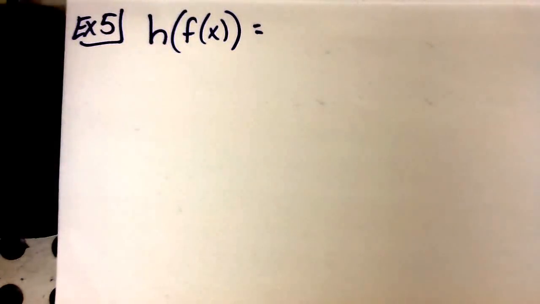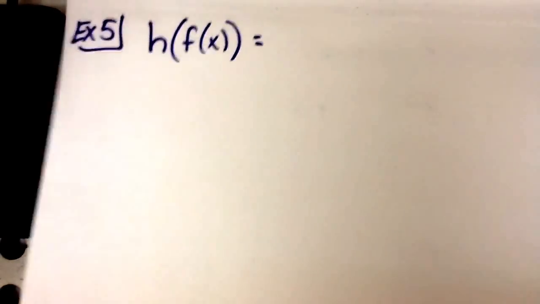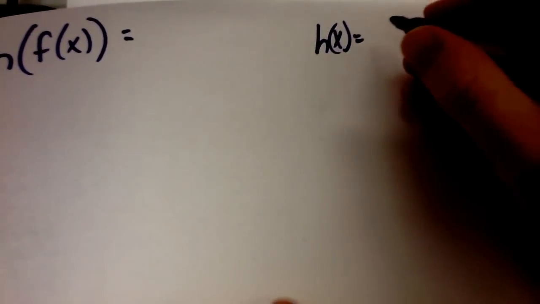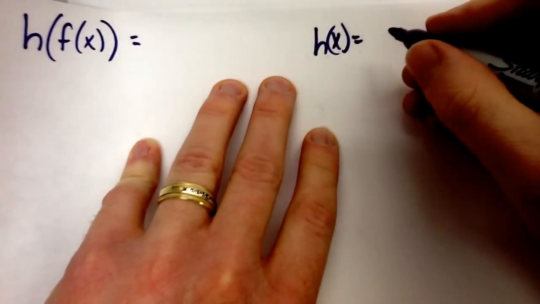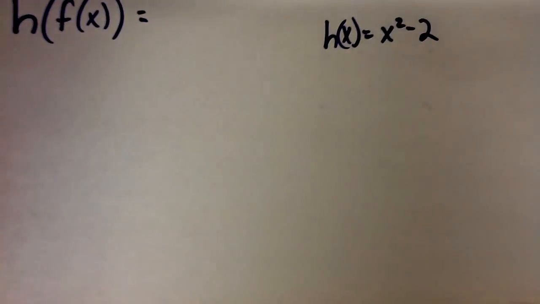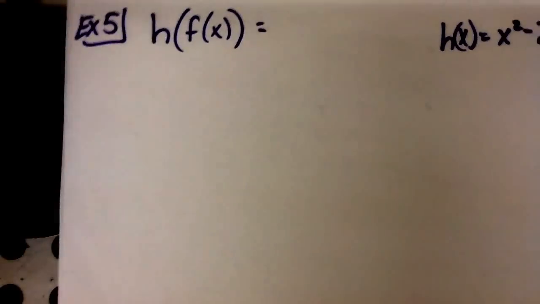And I'm going to introduce a new function h. Let me go ahead and define that one for you. H of x, you can add this to that list at the top of your page, the first two you did. H of x is x squared minus 2. Pause if you need to, write that down.